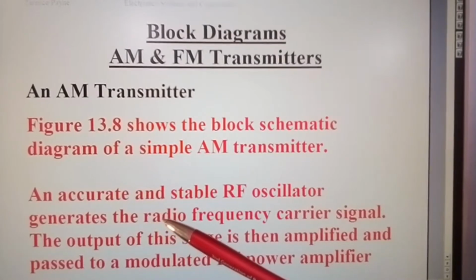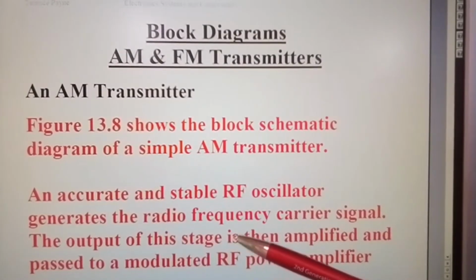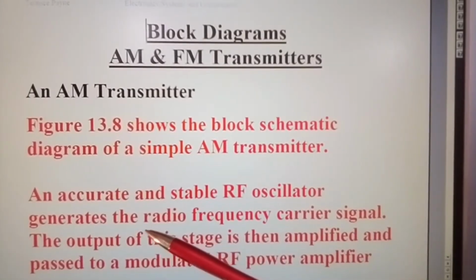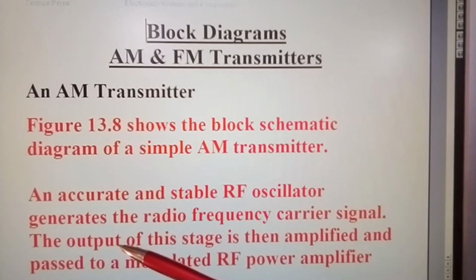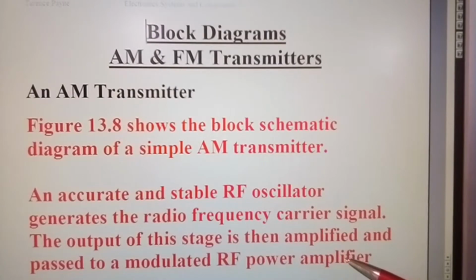An accurate and stable RF oscillator generates the radio frequency carrier signal. The output of this stage is then amplified and passed to a modulated RF power amplifier stage.